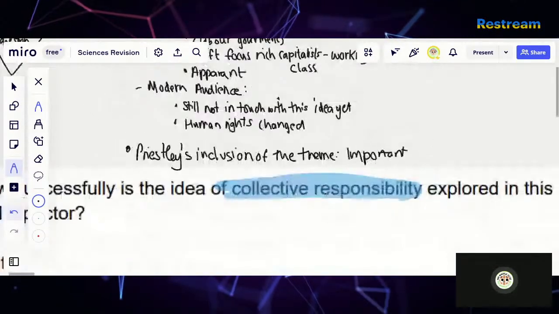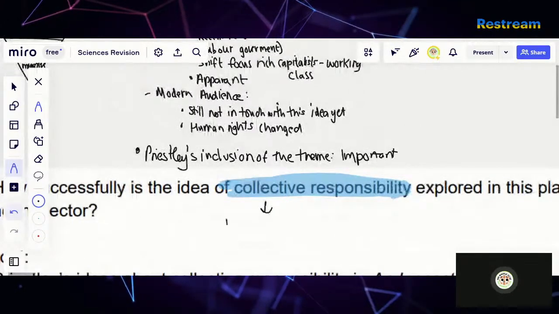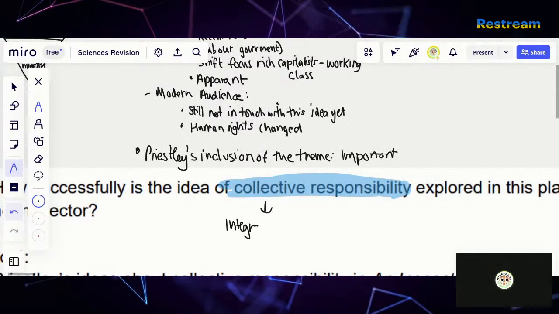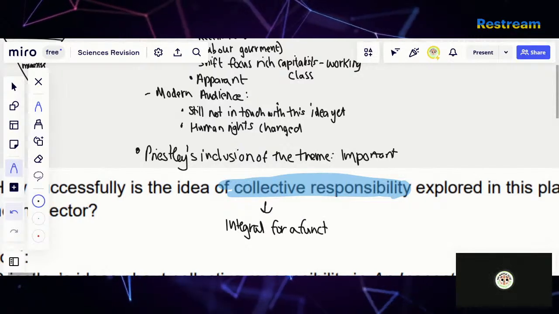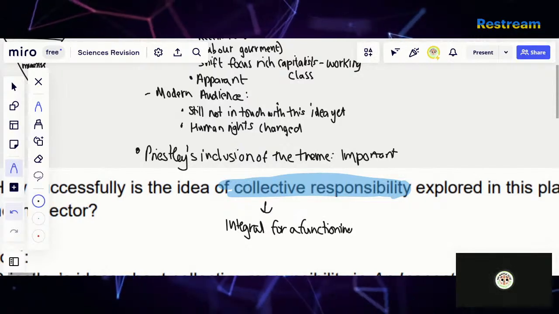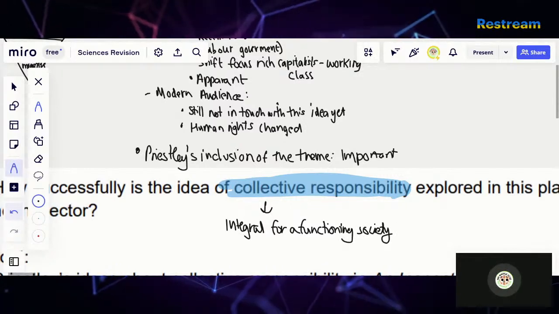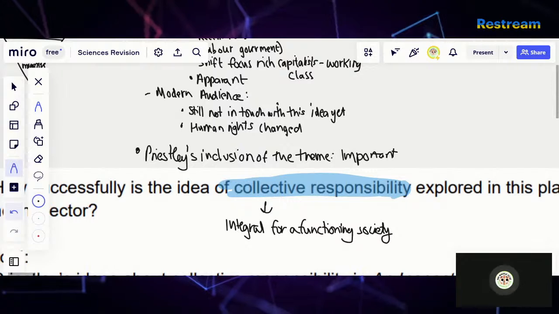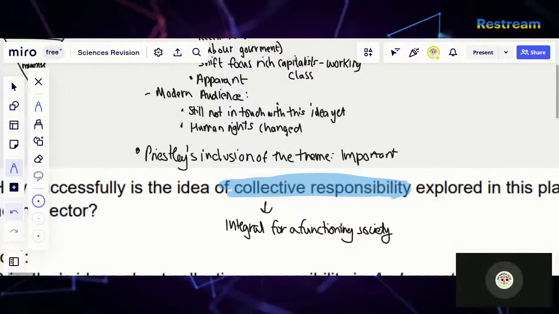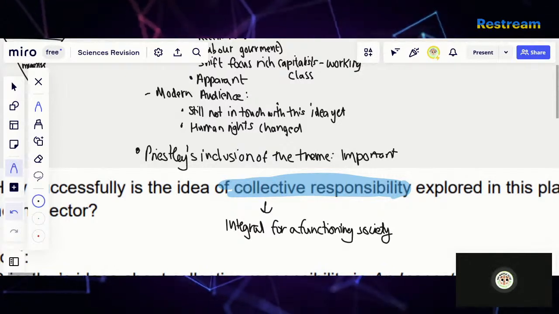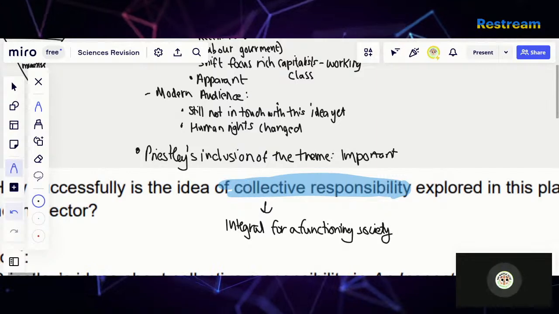Priestley suggests that collective responsibility is integral for a functioning society. If there's one thing that Priestley wants the audience to go away with, it's the idea that collective responsibility is integral and vital for a functioning society to work.